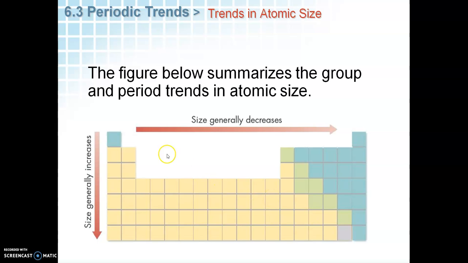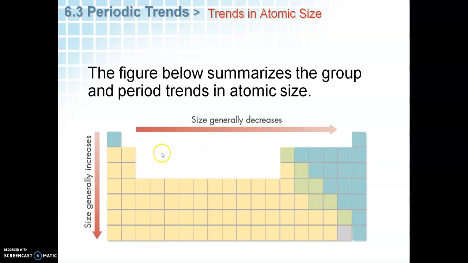Now, the other big trend with size is as you go across the periodic table, the atoms get a little smaller. Now, that's hard to see sometimes because you think about it, we're going from lithium with 3 electrons to beryllium with 4, boron with 5, and so on. We're adding electrons. So why wouldn't that electron cloud get bigger as you add them?